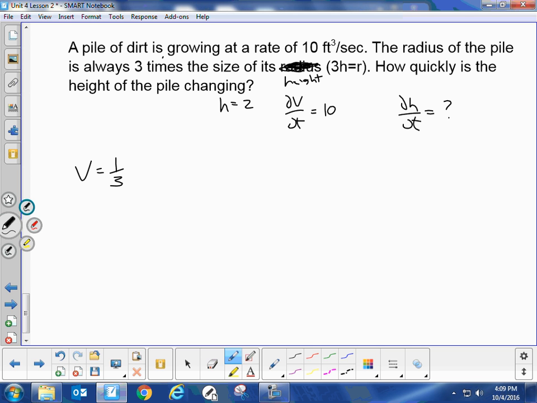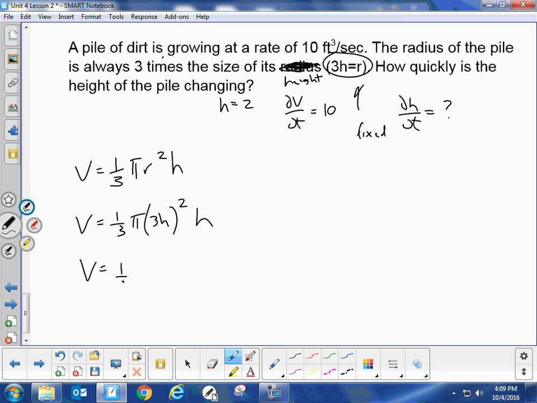The volume of a cone is 1/3 pi r squared h. This is a fixed relationship, that the radius is equal to 3h. I can go ahead and plug in 3h for r to create a simpler formula for the volume of this cone.